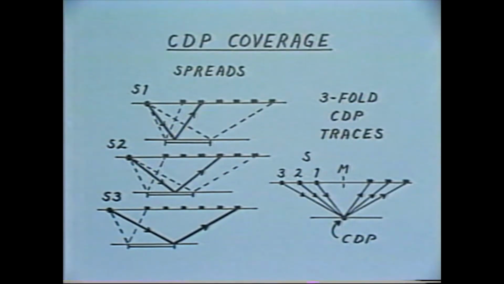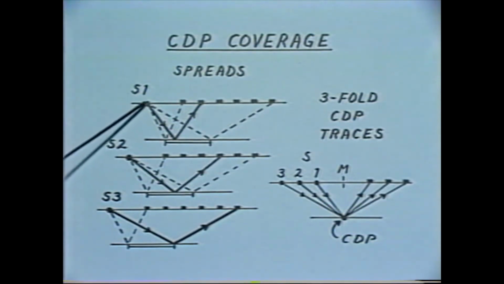However, once the data is read into a computer for processing, it's relatively easy to reorder these traces into different groupings, to gather them up into different sets. And this is generally done at a certain stage in the processing. And we would gather the traces into what are called common depth point sets.